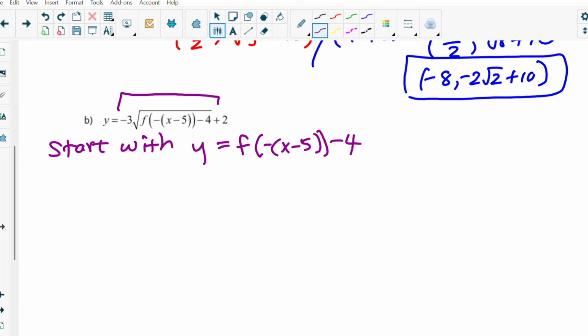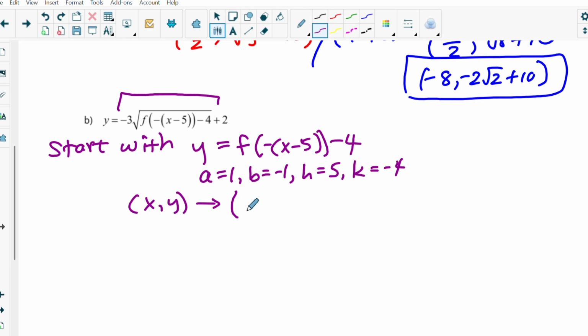What are the transformations that are occurring here? I have a value is 1, b value is negative 1, h is 5, k is negative 4. So the transformation that's occurring is x, y to negative x plus 5, comma, y minus 4.